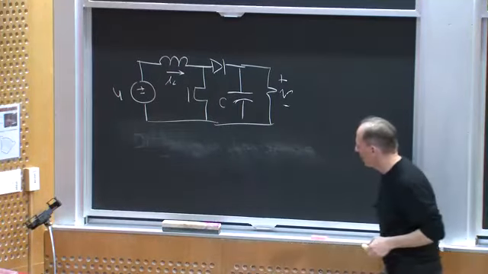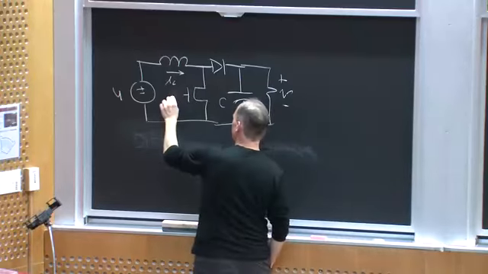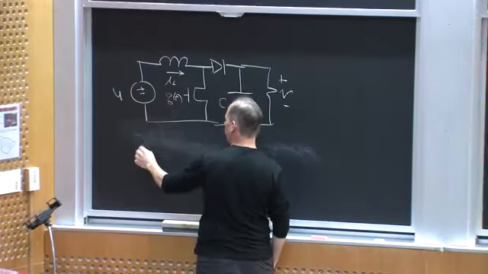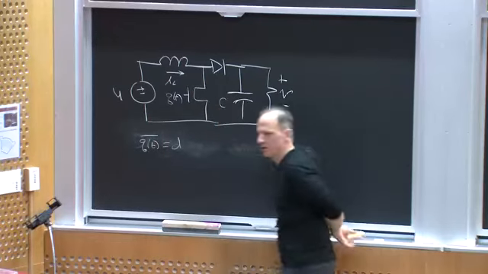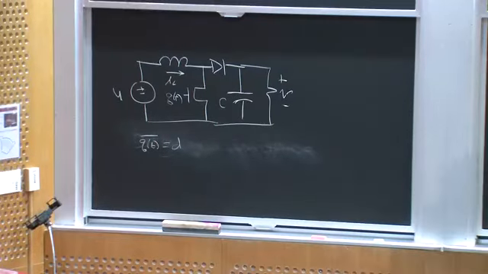And what we really control here is q(t), or the local average of q(t), which we call the duty ratio.